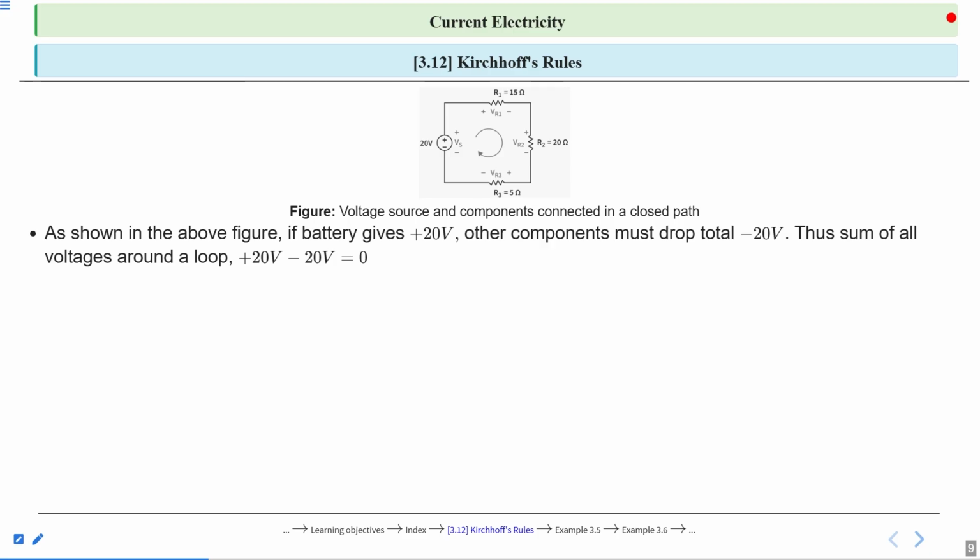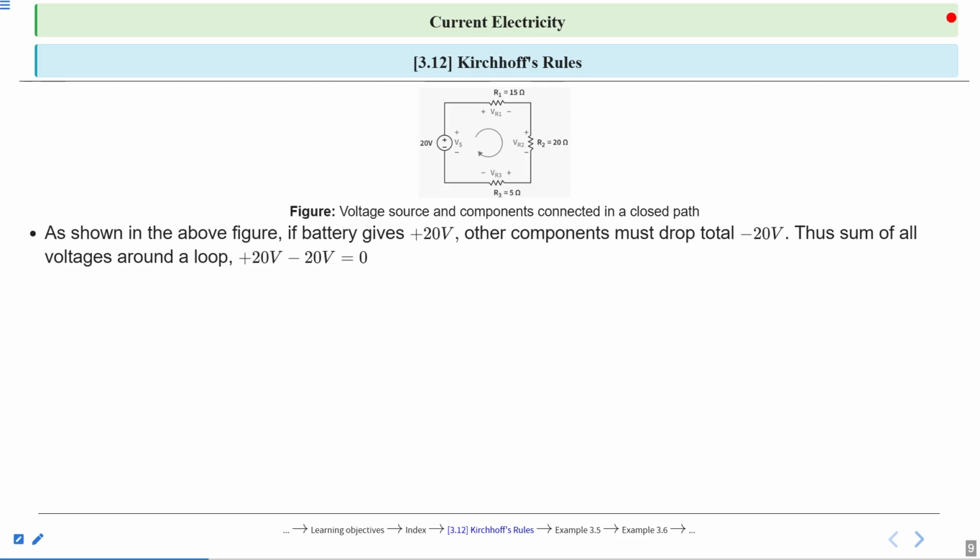According to Kirchhoff's voltage law, the change in potential around a closed loop will be zero. If the battery gives 20 volt in the circuit, the other components must drop it. The combination of all the components connected other than the battery should give a total drop of minus 20 volt.